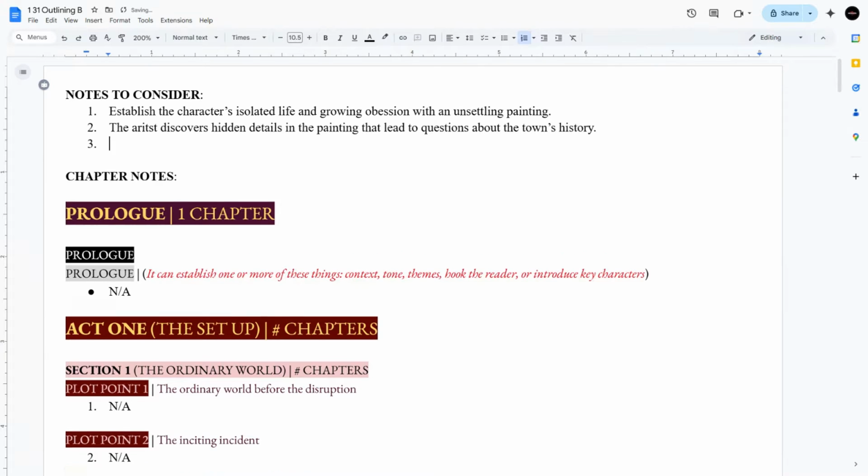So it's Needful Things meets Da Vinci Code. All right. Now, what are some other things? Well, I want the artist to have an investigation element to the story.